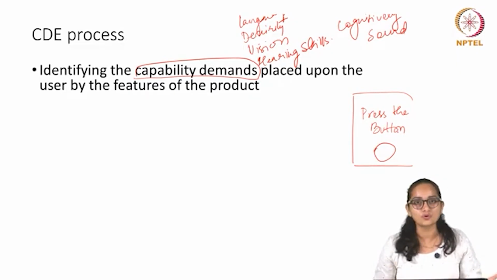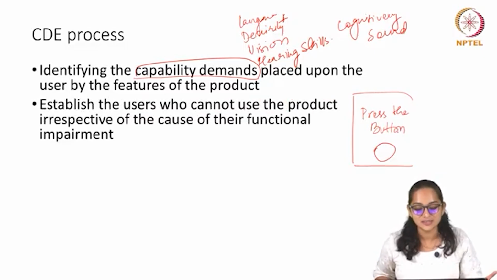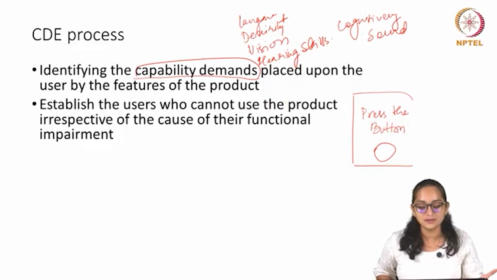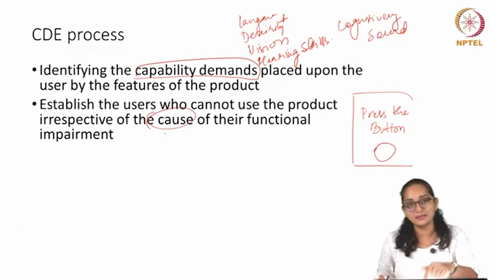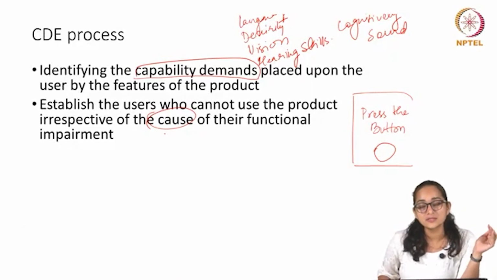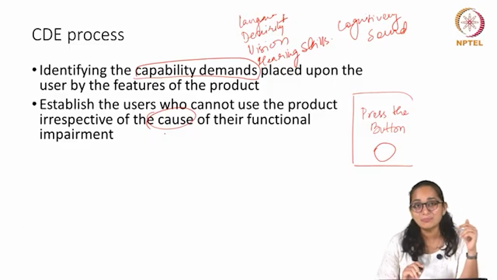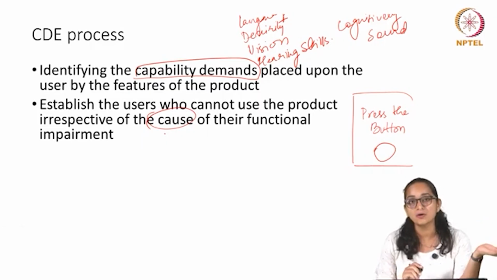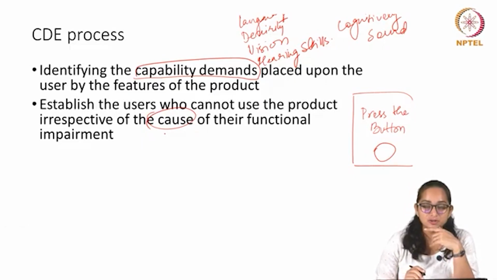So then what all is required, and then you basically establish the users who cannot use the product irrespective of the cause of their functional impairment, right. So why we are saying this is, if we go back to one of the other frameworks where we spoke about the disability spectrum, it may be a situational cause, it may be a permanent cause, or it may be a temporary cause, but in that moment, they are not able to interact with your system.